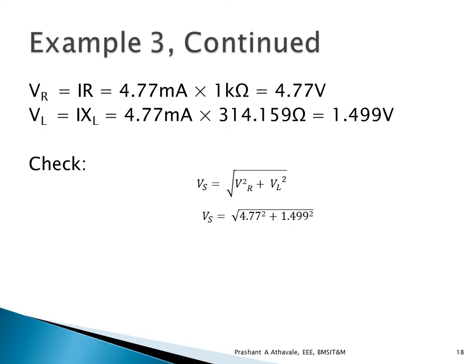You will have to add them as shown there: under root VR square plus VL square. If you add, you will get the value of VS as around 5. So that's how the whole exercise is.